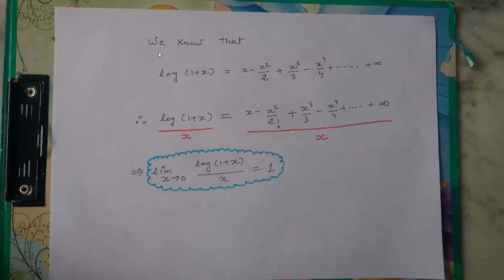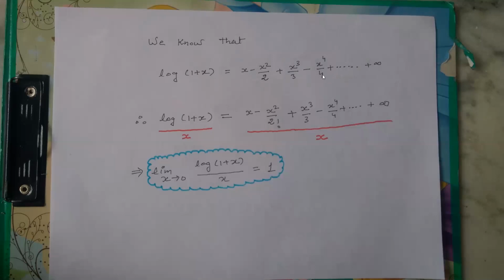One more formula is there to be explained. Dear friends, we know that log of 1 plus x can be written as x minus x square upon 2 plus x cube upon 3 minus x raised to power 4 upon 4. These are the basic results. These results should be on the tips of the students.